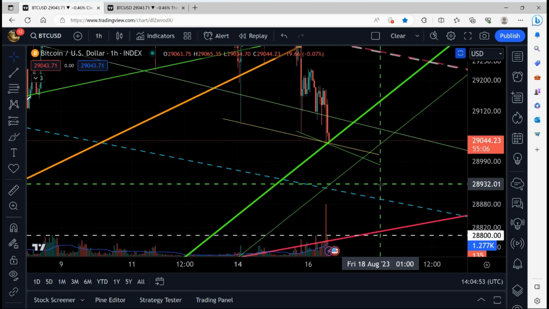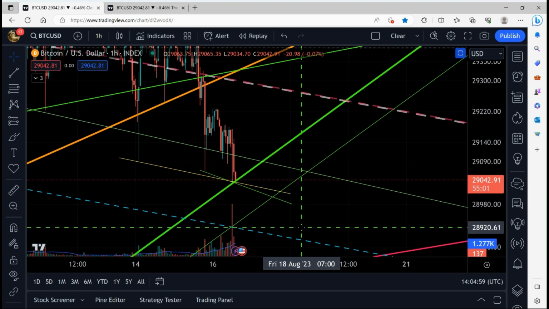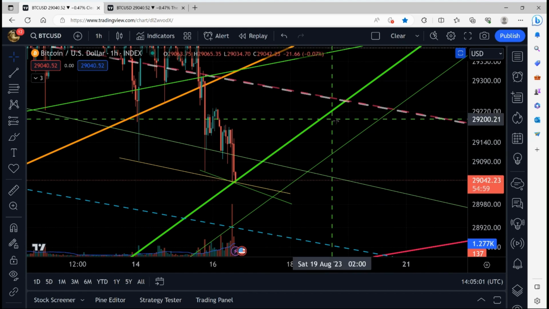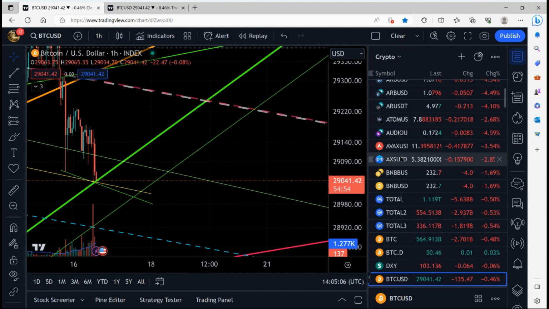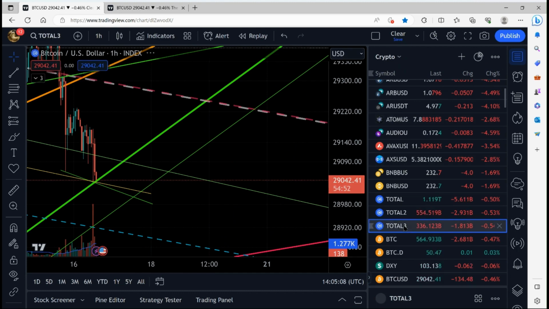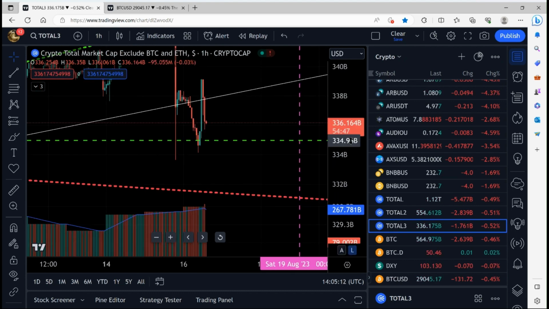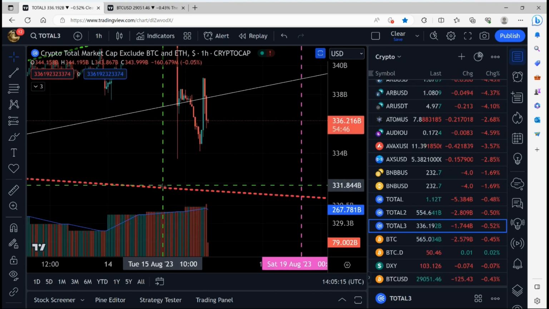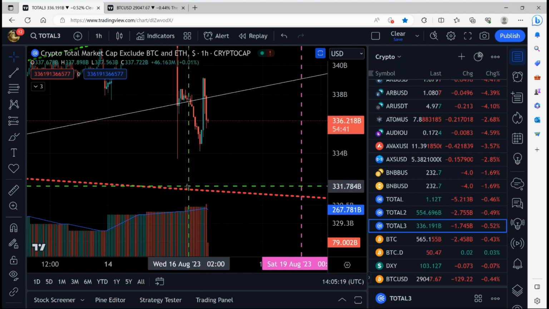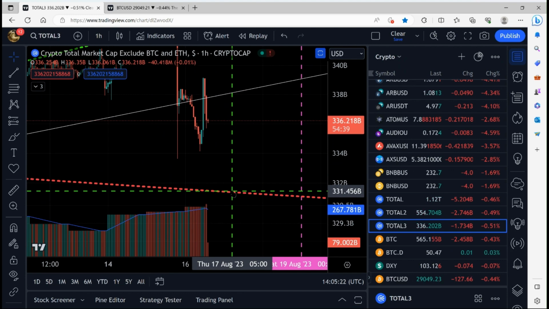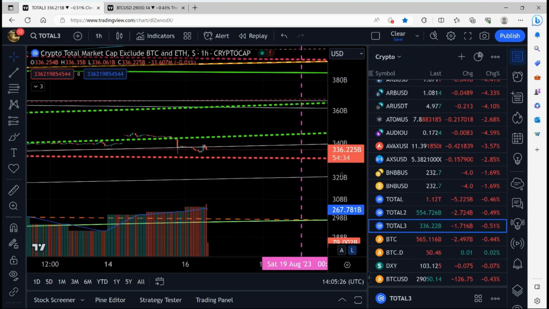But anyway, we are dragging on for a little bit longer, it looks like. And I want to point out, it looks like the altcoin market is kind of doing the same thing with its line. It's messing around with this red dotted line, the bottom of the weekly Gaussian channel. I do believe that's what that is. Yeah.